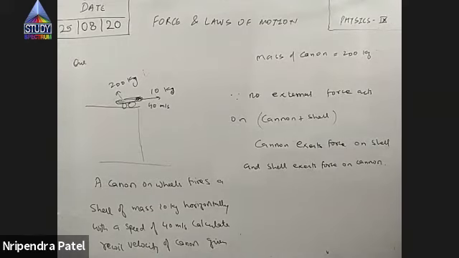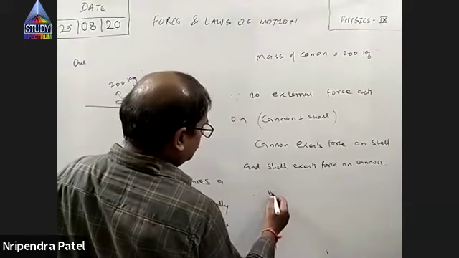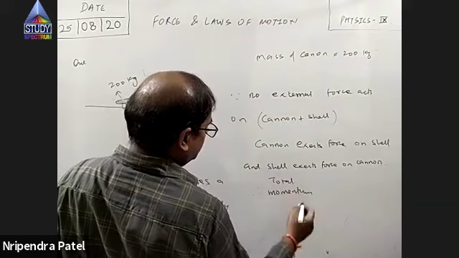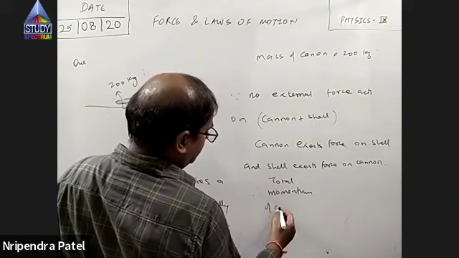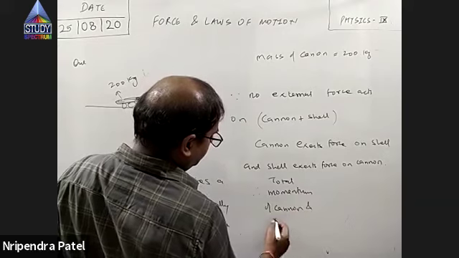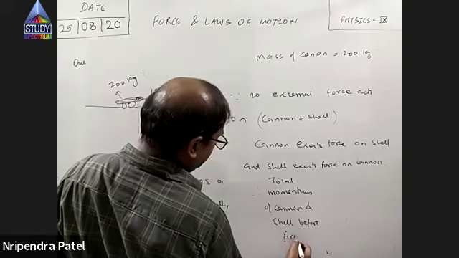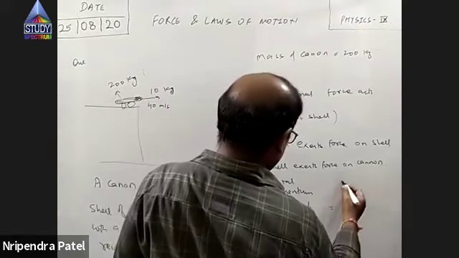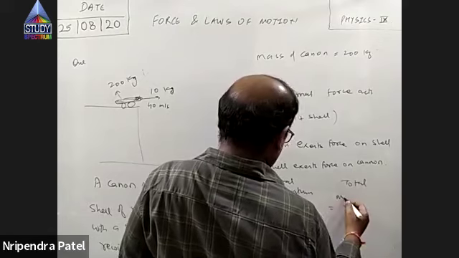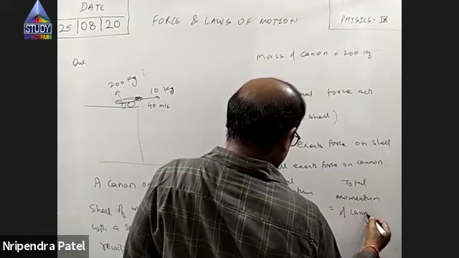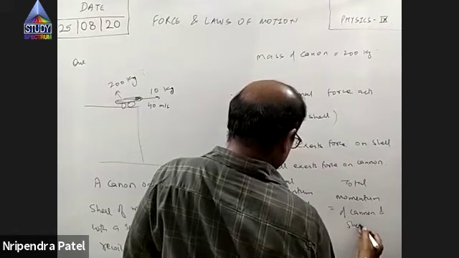So, law of conservation of momentum says total momentum should be conserved. Therefore, total momentum of cannon and shell before firing should be the same as total momentum of cannon and shell after firing.